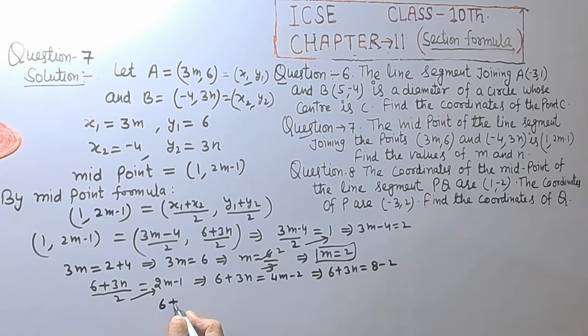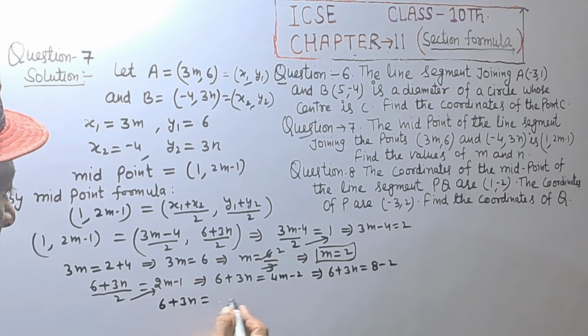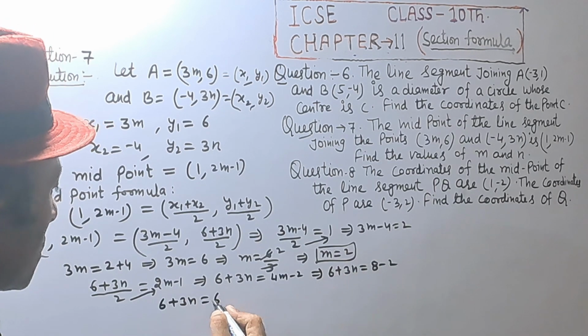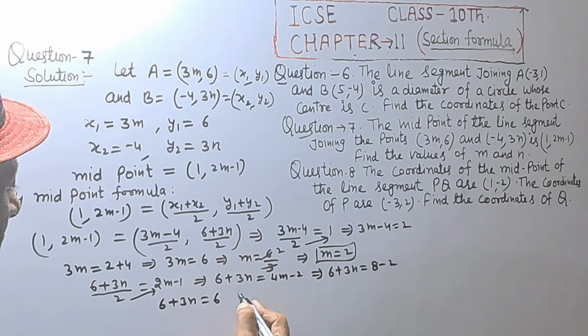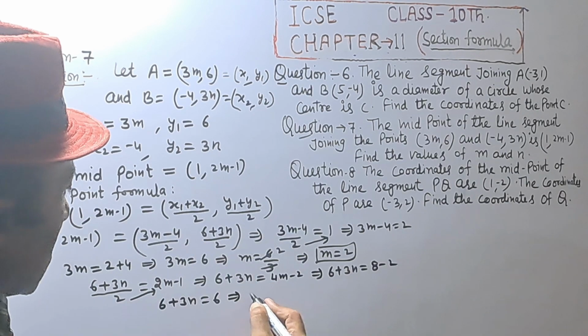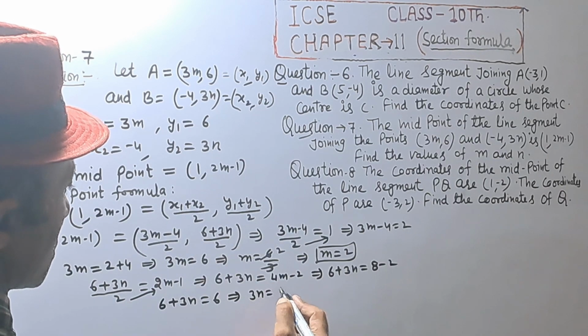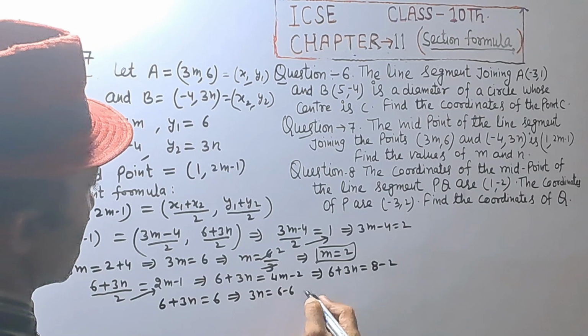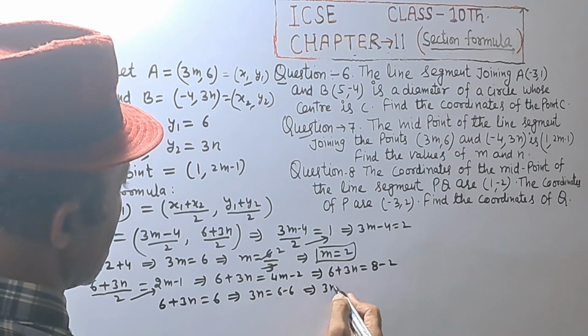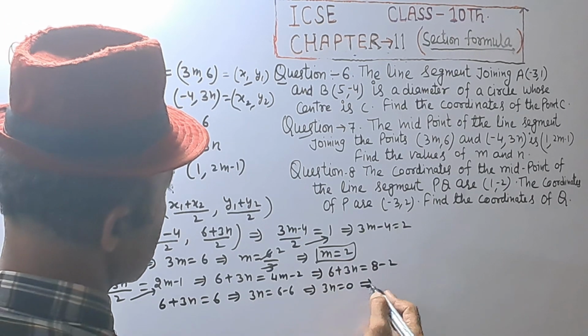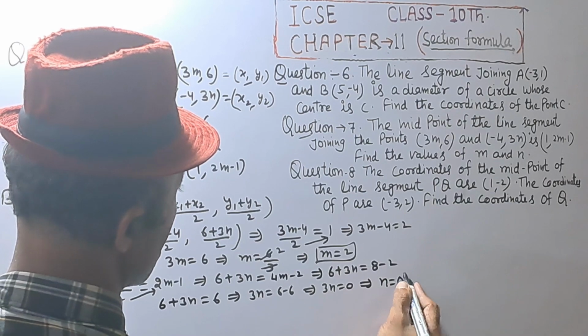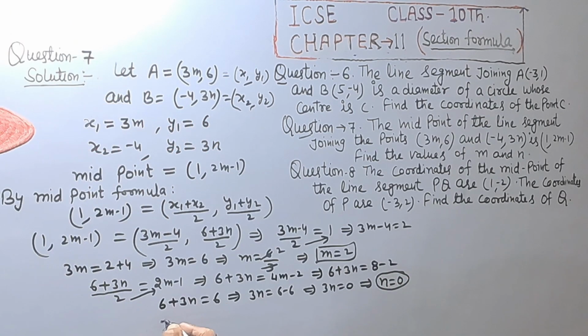So 6 + 3n is equal to 6, and shifting 6 to the right side, 3n is equal to 6 minus 6, that is 0, which implies n is equal to 0.